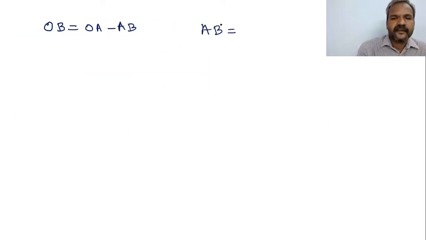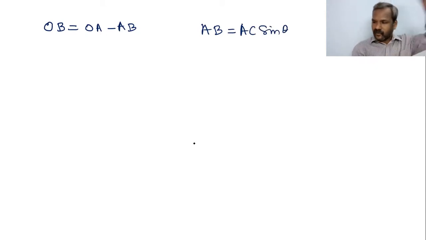OB is AC minus AB. So AC is the radius into sine theta. What is sine theta? Sine theta is 1 by m.